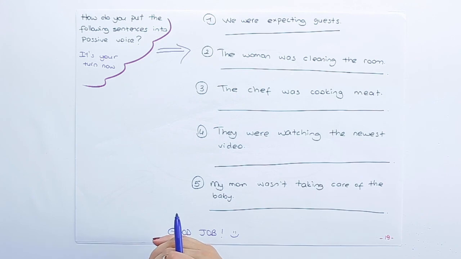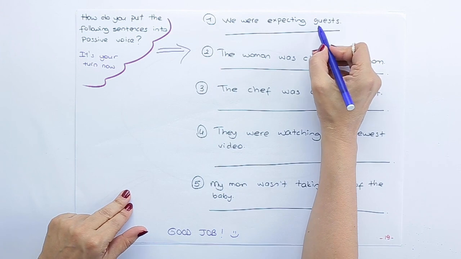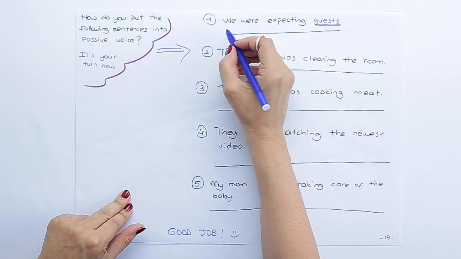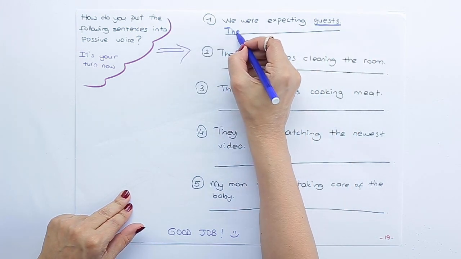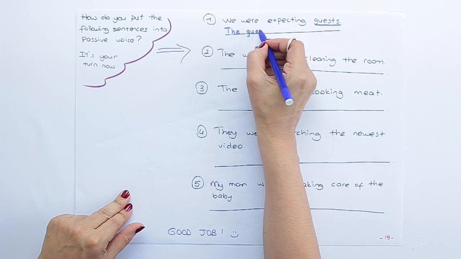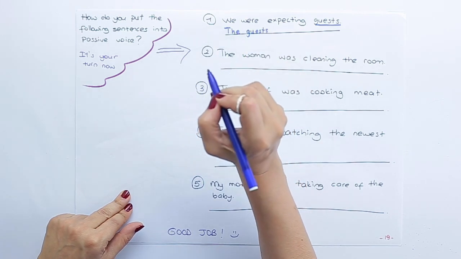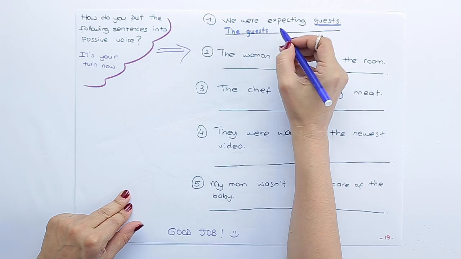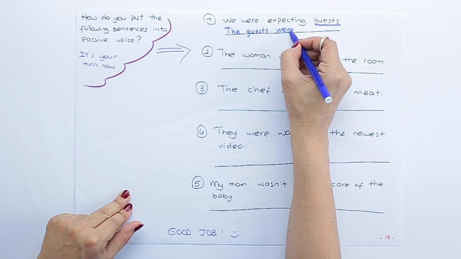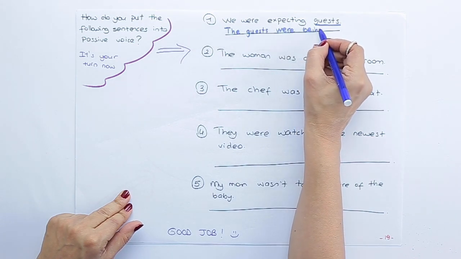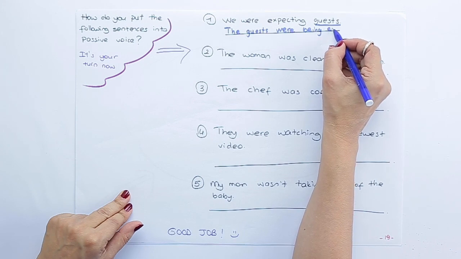How do you put the following sentences into passive voice? Now it's your turn. We were expecting guests. Yes, guests, it's my subject. The guests were being expected.